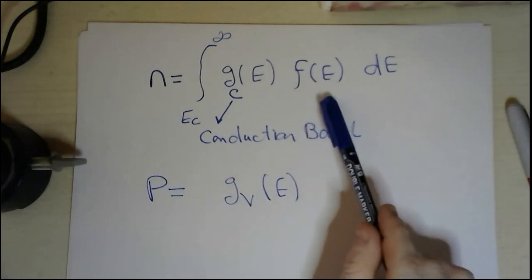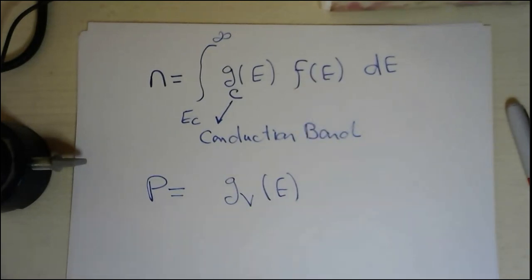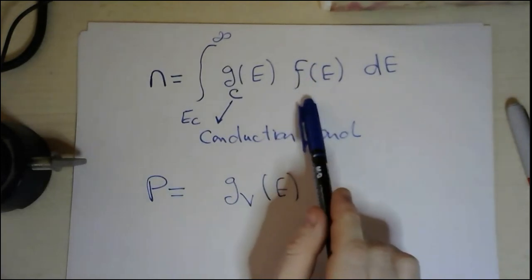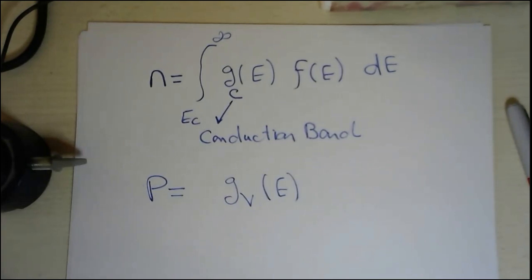Can we use F of E? No, we can't, because F of E represents the probability to find an electron. But here, we are not searching for an electron. We are searching for a hole. So how can we find the probability to find a hole? Actually, very, very simple.